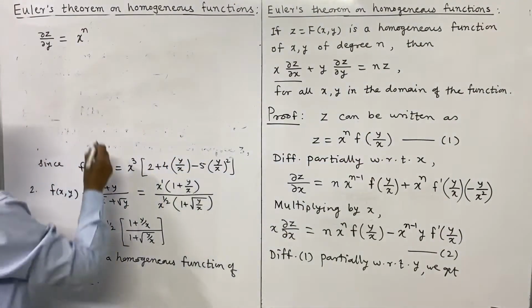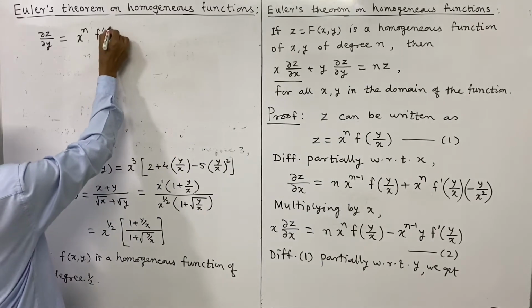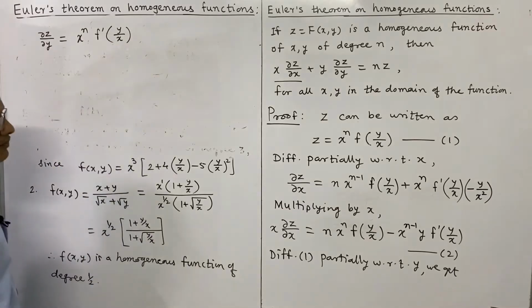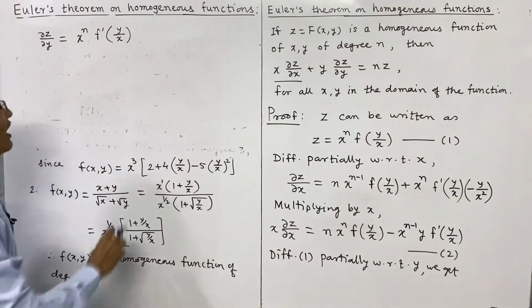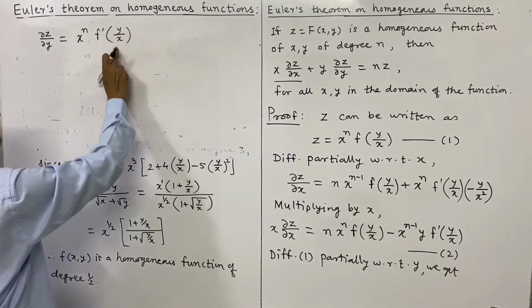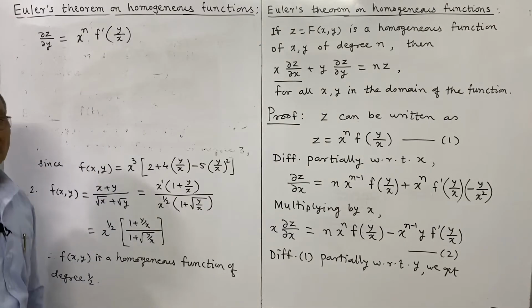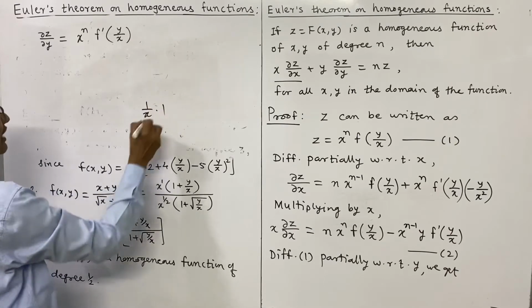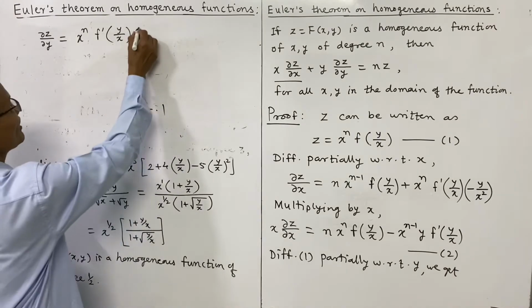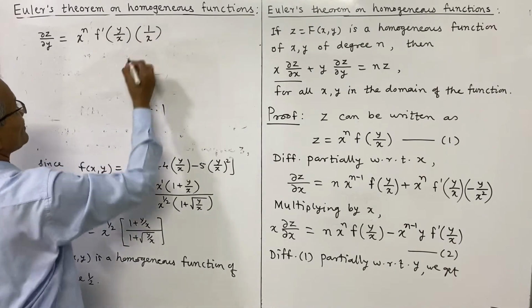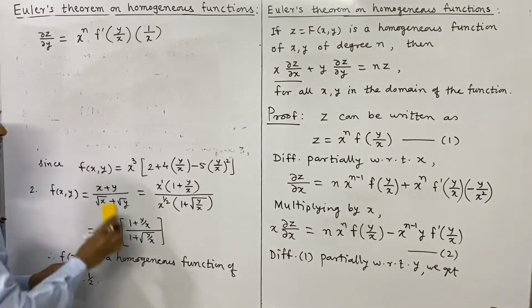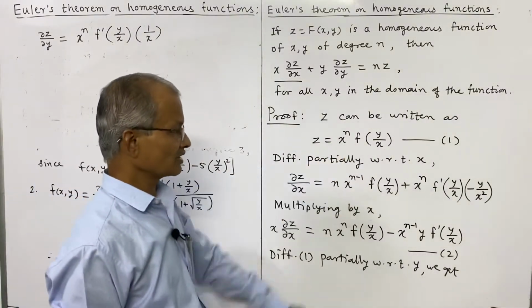And what is the derivative of f? We have written f dash of y upon x into the derivative of the inner function with respect to y. And when we differentiate y upon x with respect to y, x is constant, means 1 upon x remains constant, and into the derivative of y, that is 1. So this is only 1 by x, and thus this much is the partial derivative of z with respect to y.